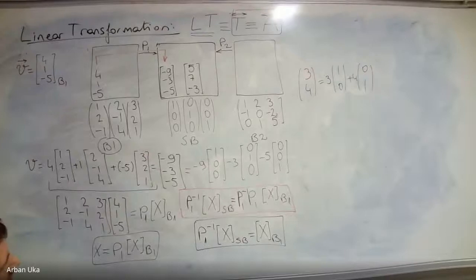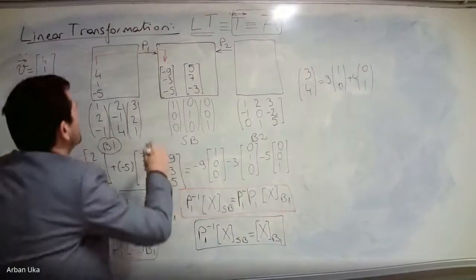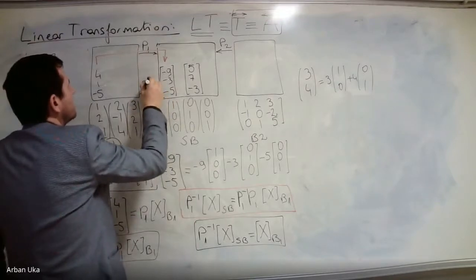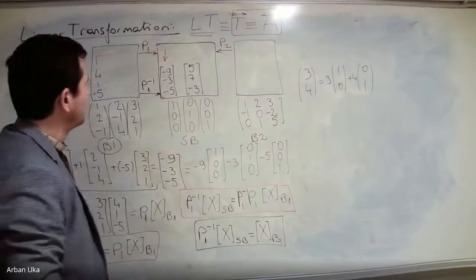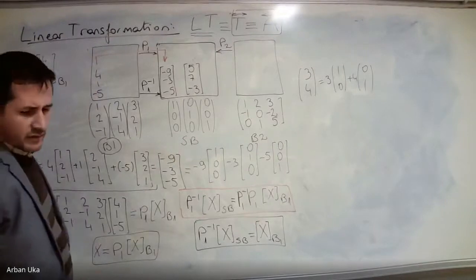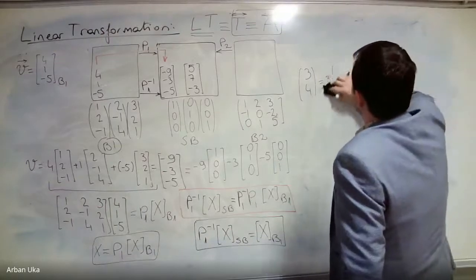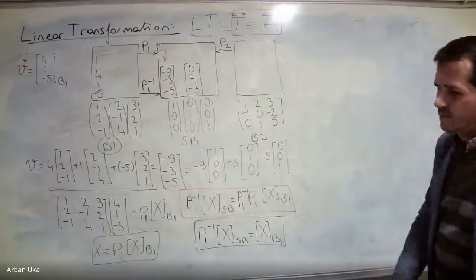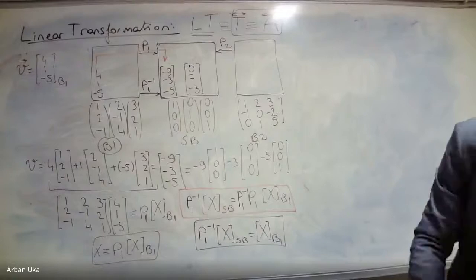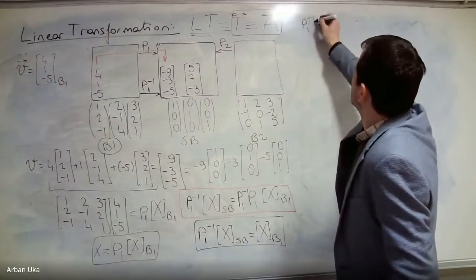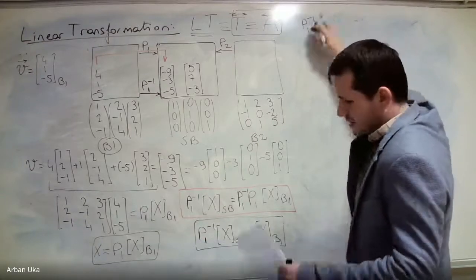So this is what we observe, which means that we can move from this side to this side by multiplying by P1 inverse. Okay? So in this case, if we are given the matrix P1, we can try to identify P1 inverse, and we can write it directly.